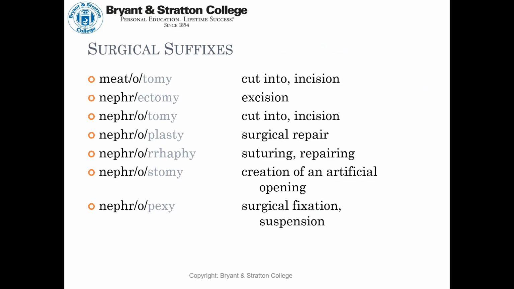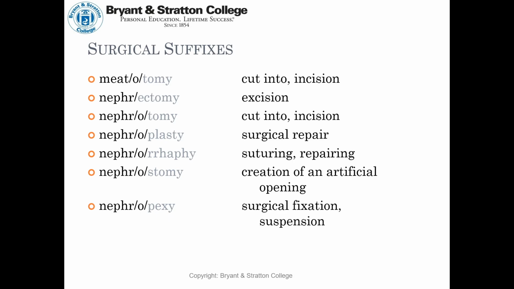So again, these are all suffixes, specifically surgical suffixes, that we should really already be comfortable with by this point, especially the difference between tomy, ectomy, and stomy. Really, tomy is just generally to make an incision. Ectomy is the actual excision or removal. Stomy is just a general term to create an artificial opening.